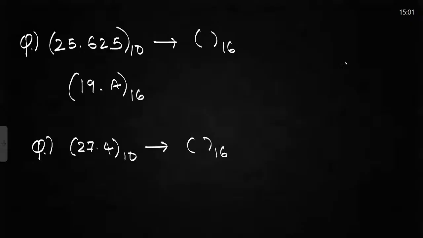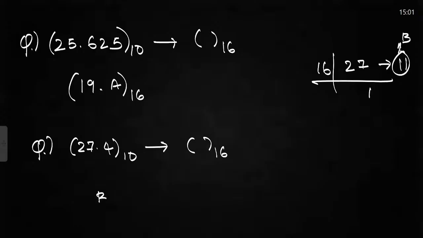So simply 27 divided by 16 is 1, and the remainder is 11. So 11 means B. So 27 is 1B point. Now we need to find for point 4.